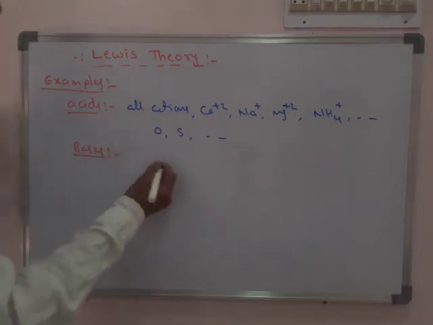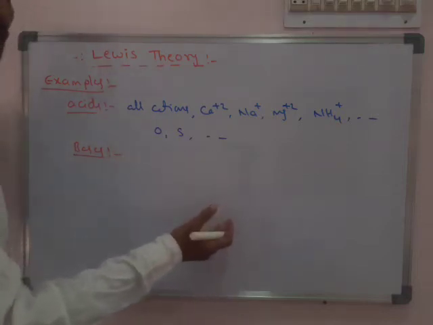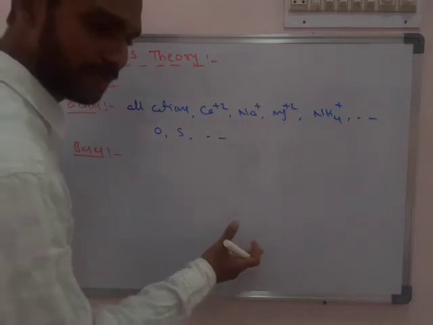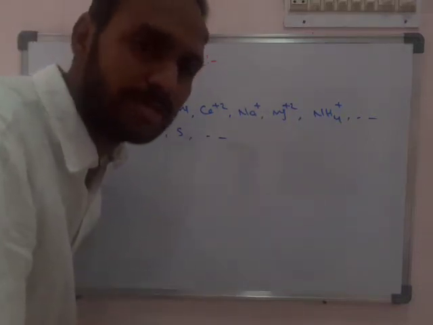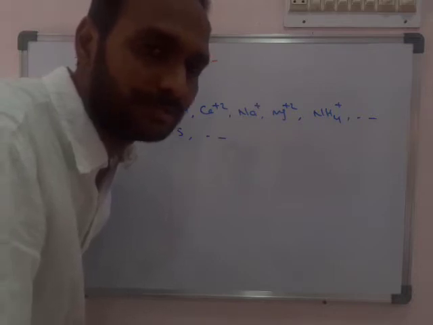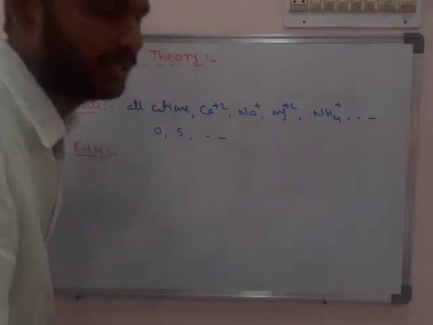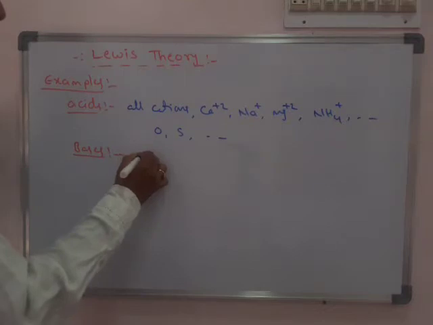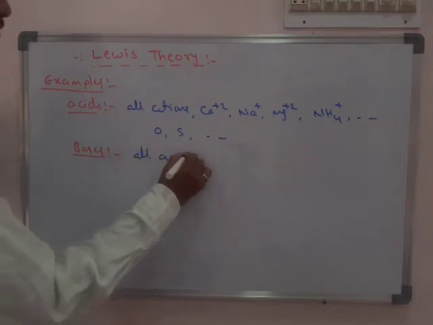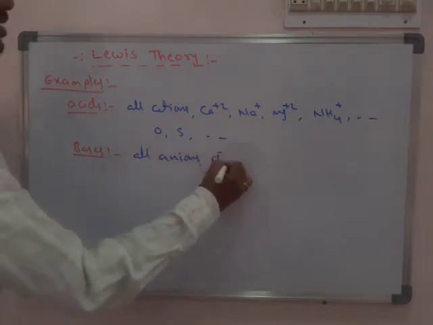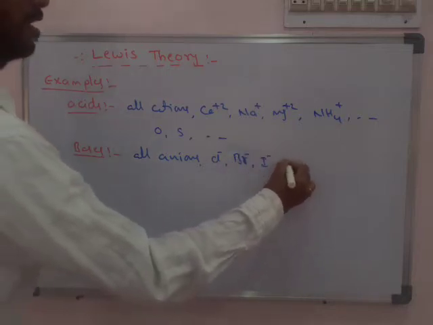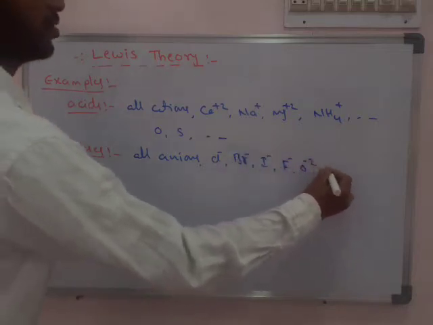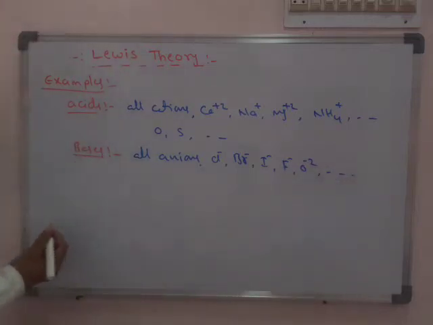Bases are those which are ready to donate electron pairs. Ready to donate electron pairs means they must have lone pairs, or they must be rich in electrons. So we can say all anions: Cl minus, Br minus, I minus, F minus, O minus, all anions.